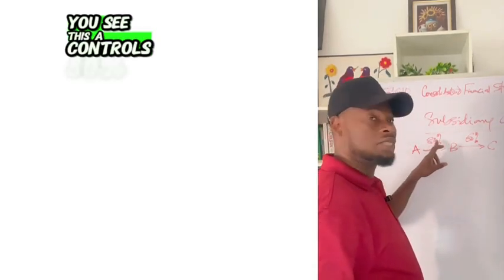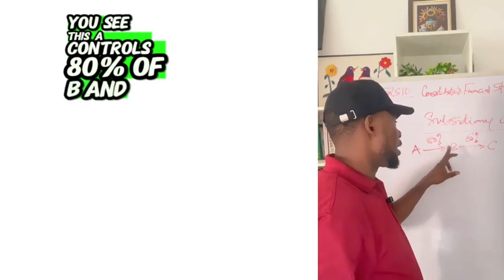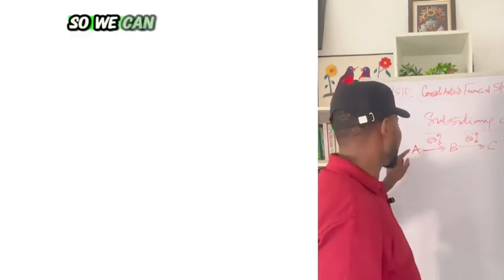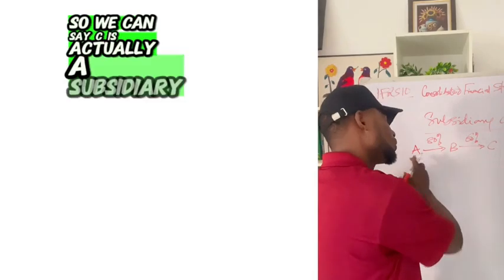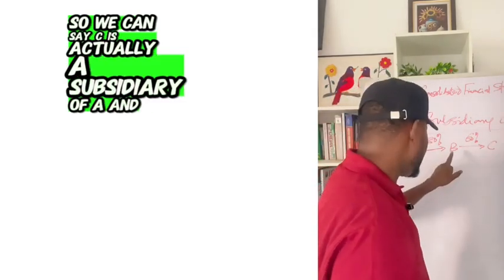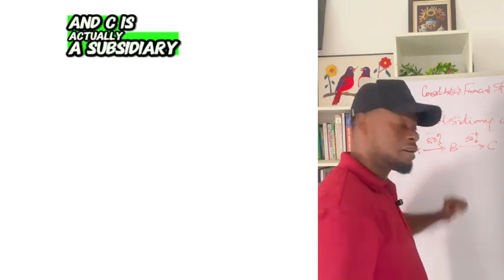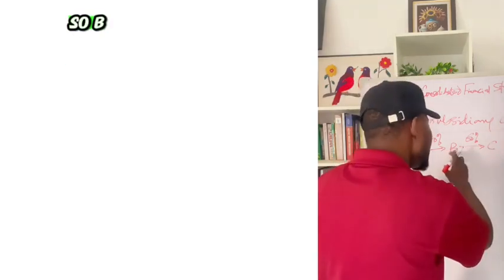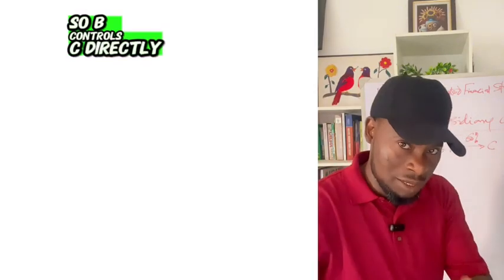A controls 80% of B and B controls 60% of C. So we can say C is actually a subsidiary of A and C is actually a subsidiary of B. So B controls C directly.